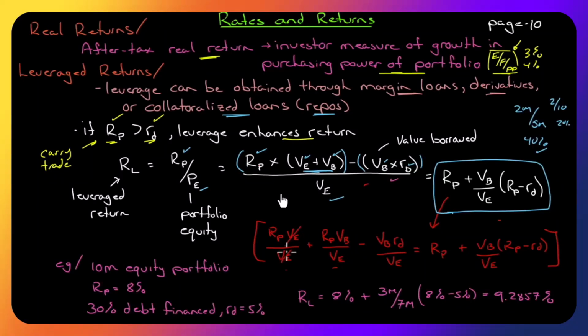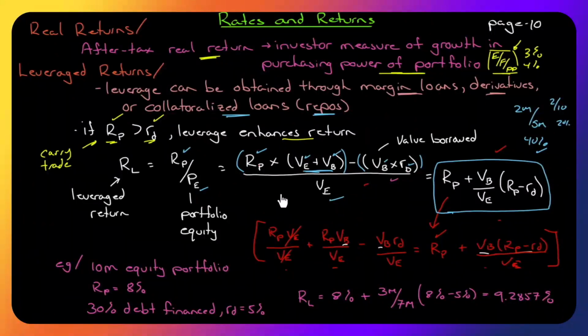Well, these two things cancel out, so you're left with RP. What is our common term up here? We have VB as a common term, so let's take VB out. What are we left with? RP minus RD, over VE. And you can see that this final term here is the same as if I had done that. So if you wanted to know the steps on how we get here, this is how we do it.